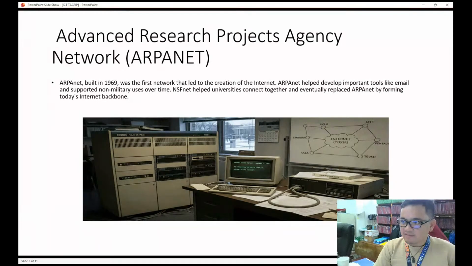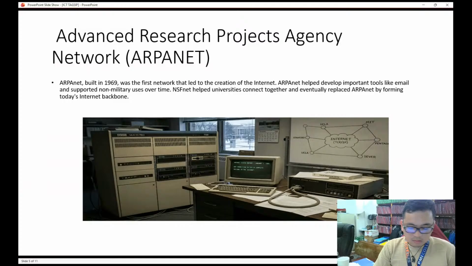Next is the Advanced Research Projects Agency Network, or the ARPANET. ARPANET, built in 1969, was the first network that led to the creation of the internet. ARPANET helped develop important tools like email and supported non-military uses over time. It helped universities connect together and was eventually replaced by the internet backbone we have today.